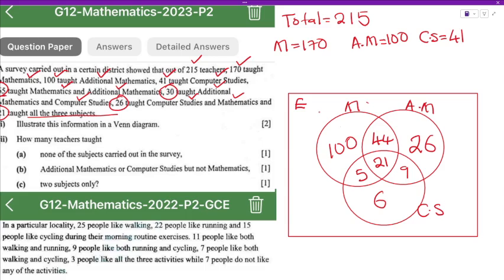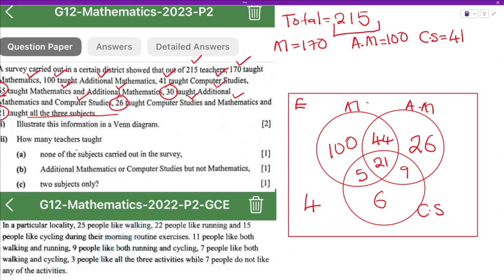So starting with math, 100 plus 44 plus 21 plus 5 plus 26 plus 9 plus 26 plus 9 plus 6, that gives me 211. So meaning the total inside the sets is 211, but the total for the entire Venn diagram is supposed to be 215, meaning the 4 guys are outside these 3 sets.